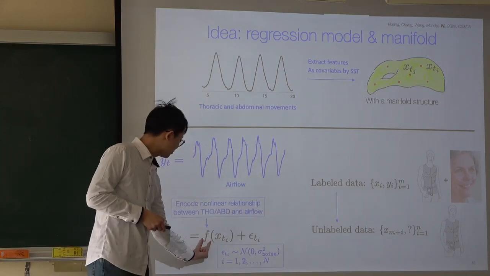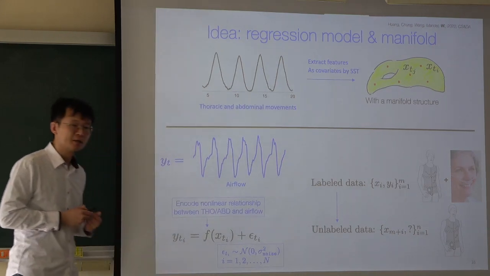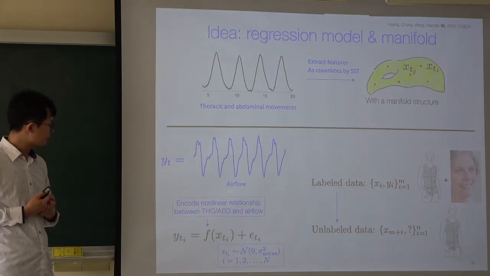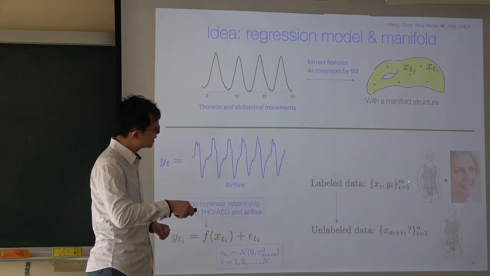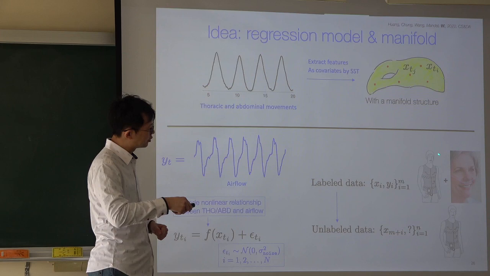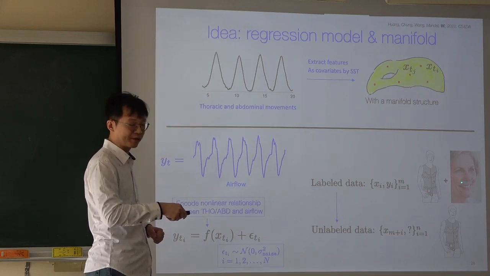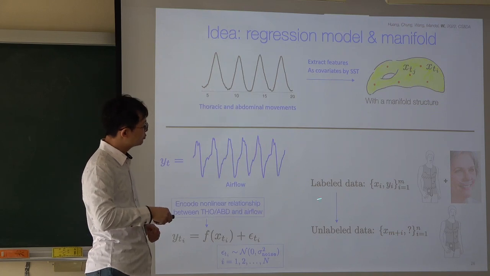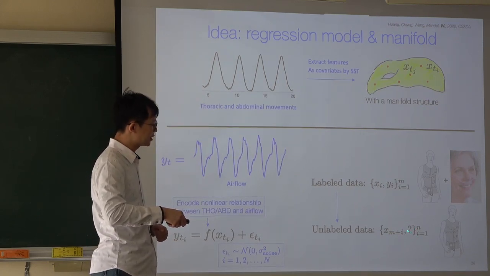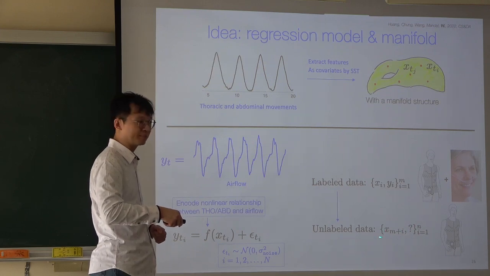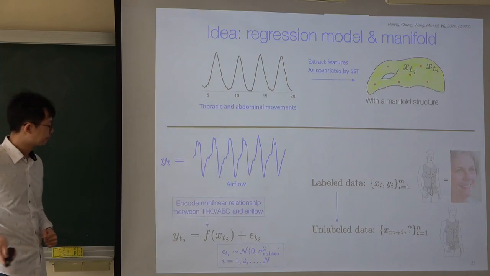And this F is very nonlinear, and in general we don't know what it is. But the overall goal is to learn this F, so that we can use the labeled data, which you recorded from your thoracic and abdominal movement and simultaneously recorded airflow signal, to predict when you do not have the airflow signal but only the thoracic and abdominal movement. What can we do? How accurate can we be?